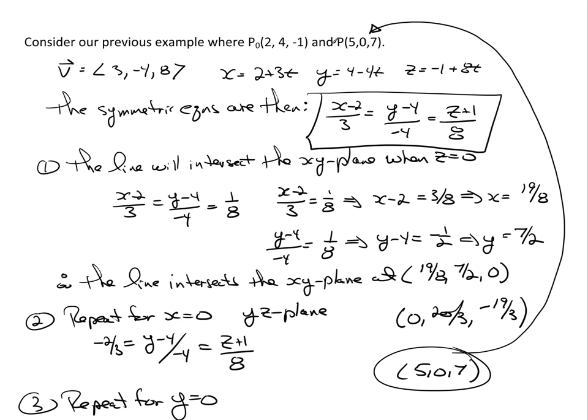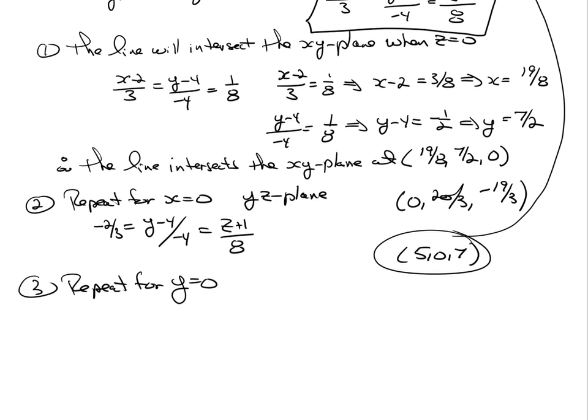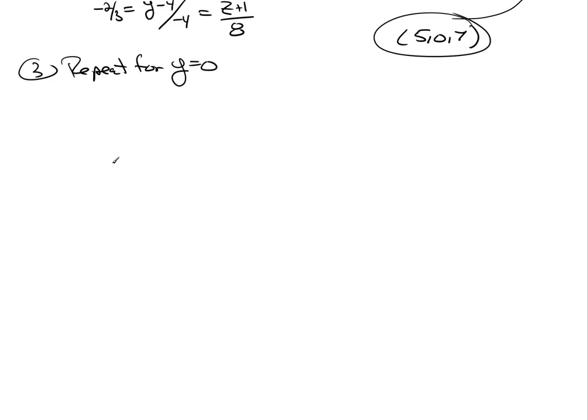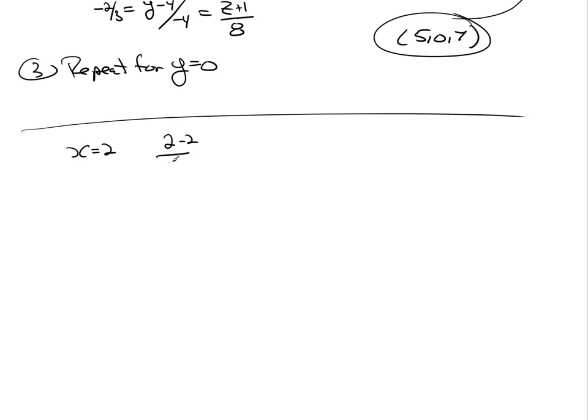So the symmetric equations will actually allow us to find coordinates on the line given any single value of x, y, or z. So let's just suppose for a moment, let's just go ahead and say I want to know where I am when x equals 2. When x equals 2, from the symmetric equations, I have 2 minus 2 over 3 equals 0.